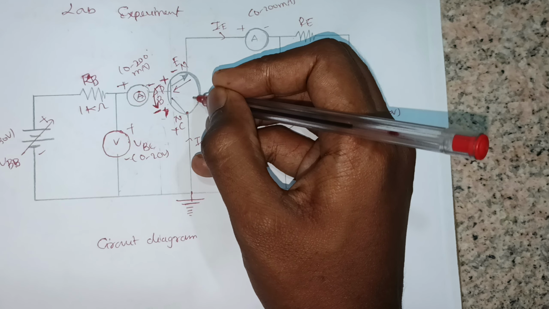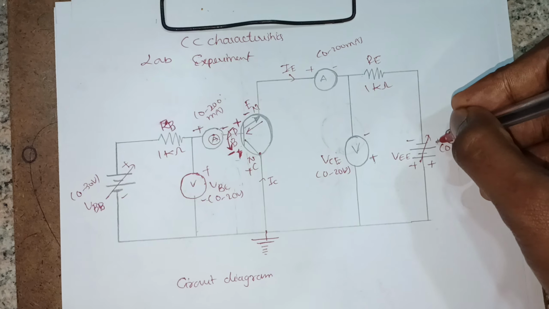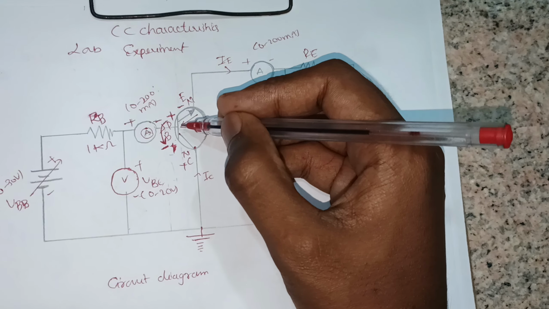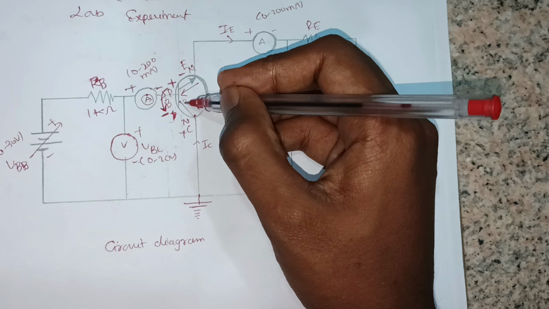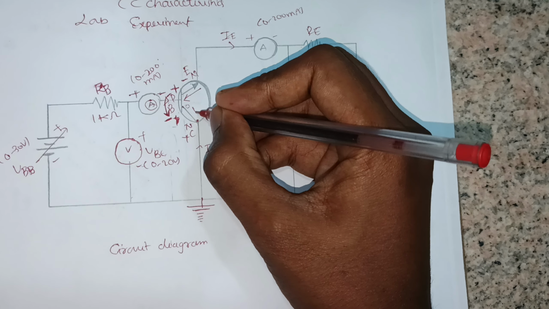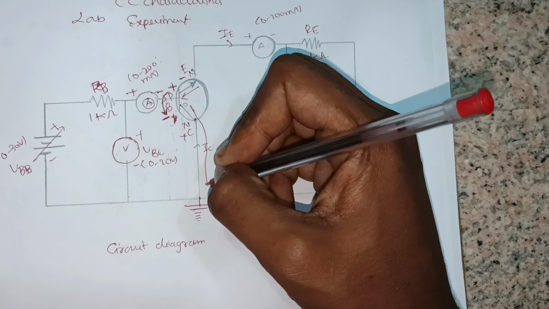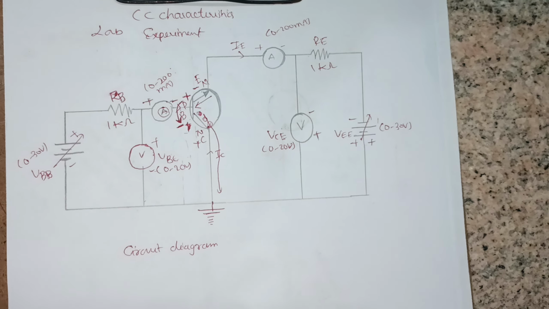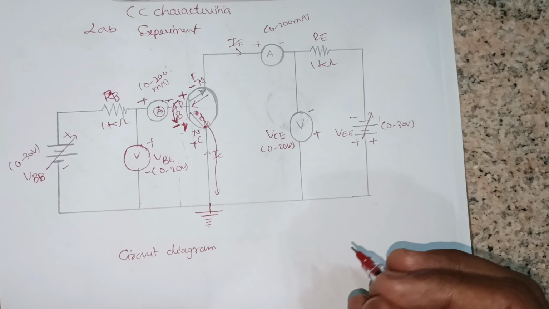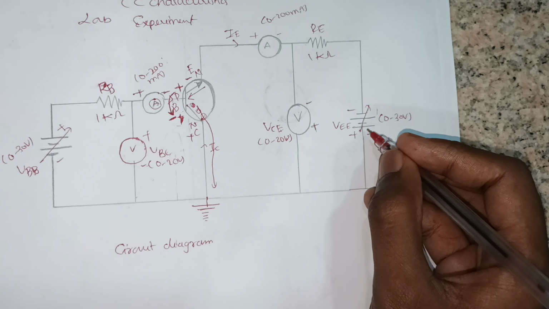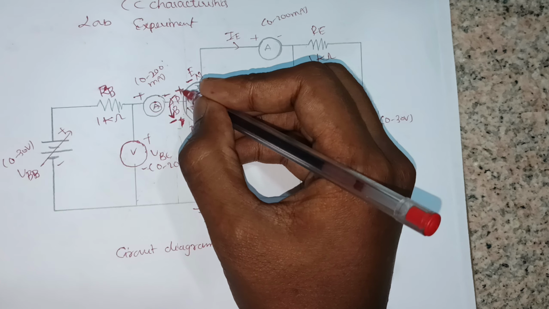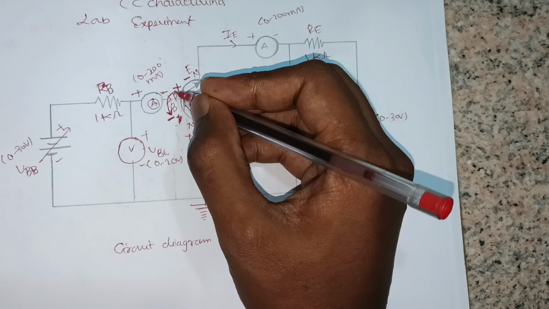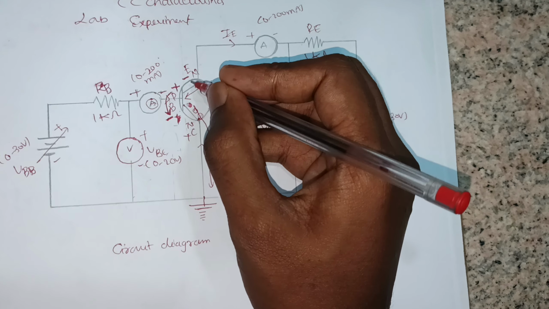Again the negative electrons are applied, so the electrons gain energy and start to flow this way, and at last they are attracted to the positive of the RPS. So this is the current flow and the conventions of polarities of the BJT, from positive to negative and negative to positive.